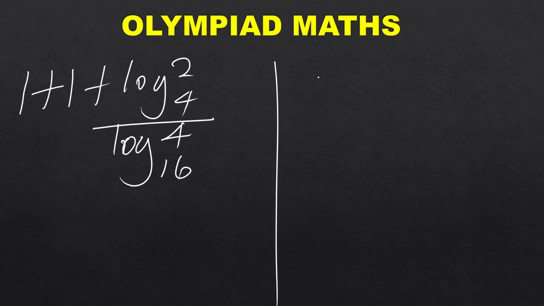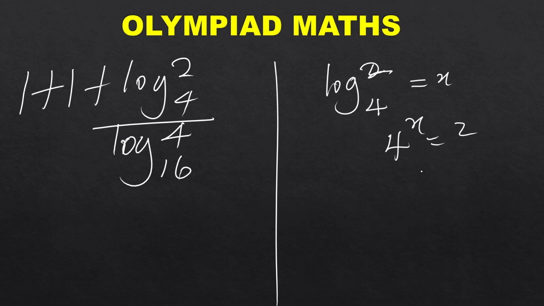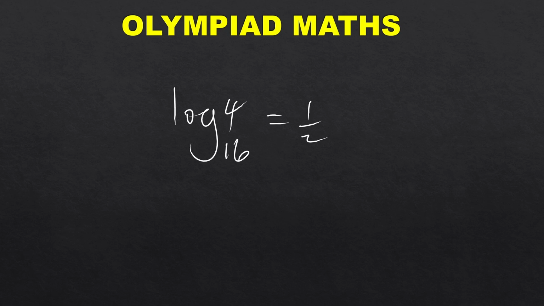If I break this down, log 2 base 4 is 1 over 2, because 4 is 2 squared. Similarly, log 4 base 16 is also 1 over 2.